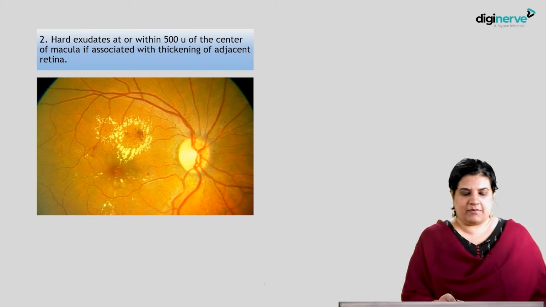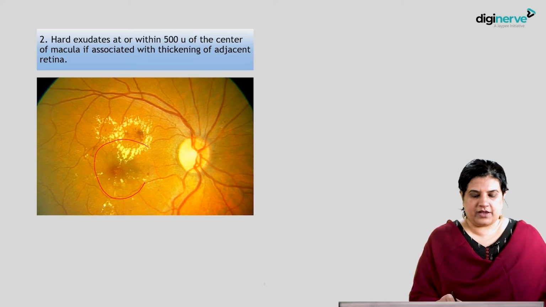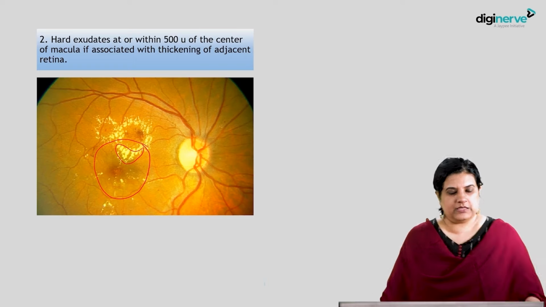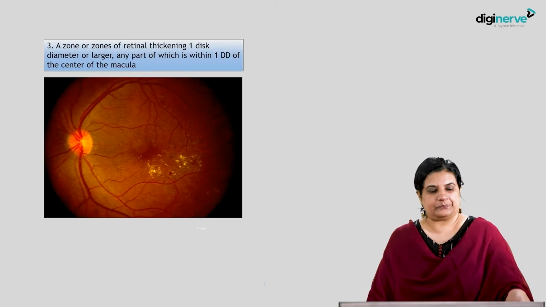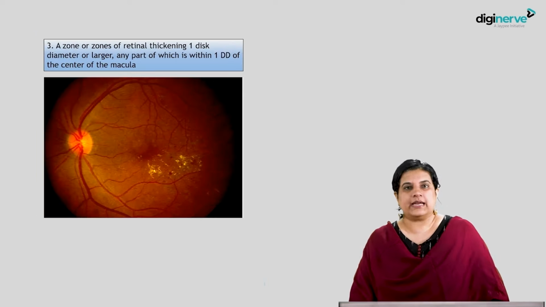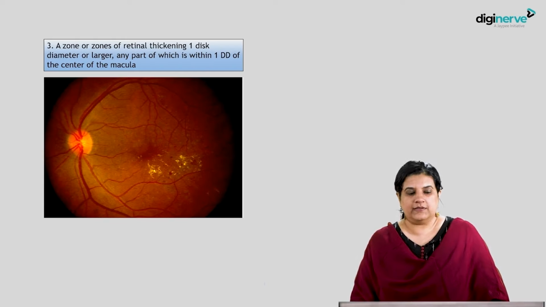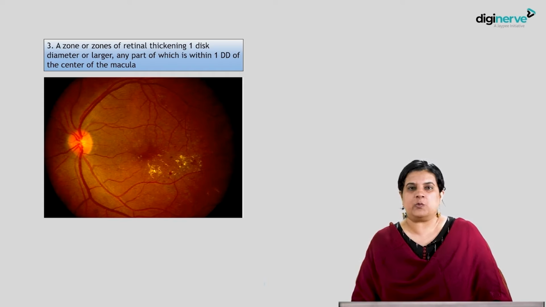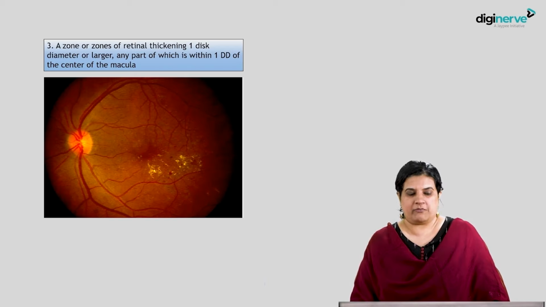So, here we have the macula, and if this is 500 microns, we have these hard exudates which are well within this 500 micron area. The third criterion is that a zone or zones of retinal thickening 1 disc diameter or larger, any part of which is within 1 disc diameter of the center of the macula.